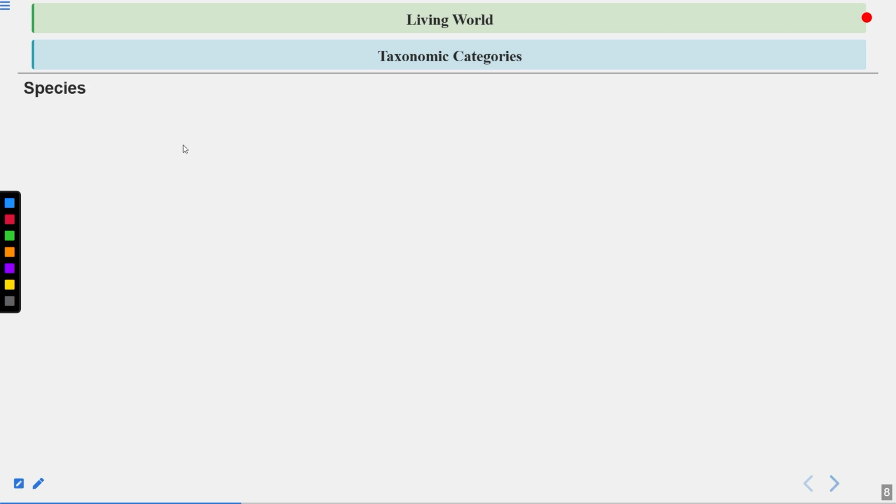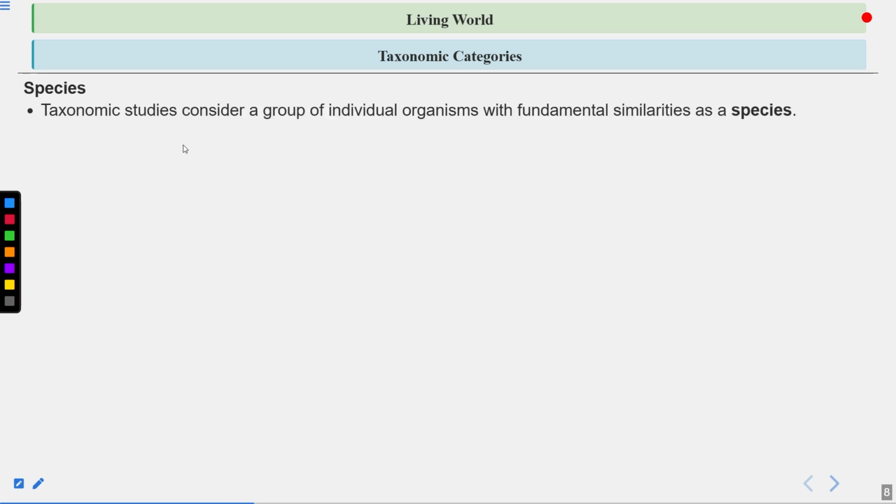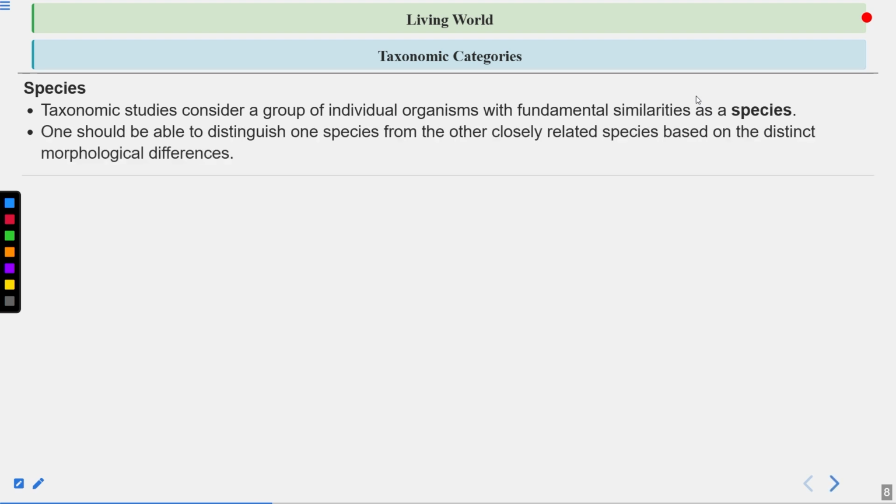Now let's talk about the lowest category here, which is species. Taxonomic studies consider a group of individual organisms with fundamental similarities as a species. One should be able to distinguish one species from other closely related species based on distinct morphological differences.